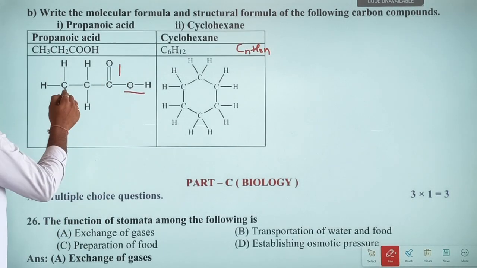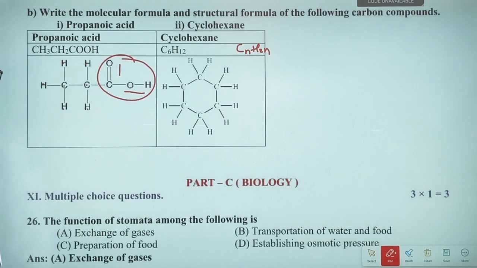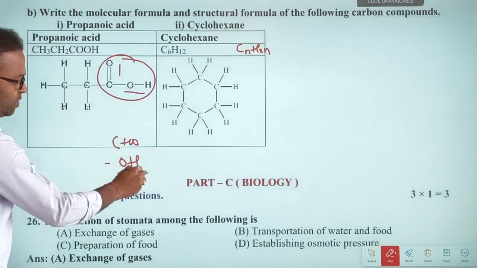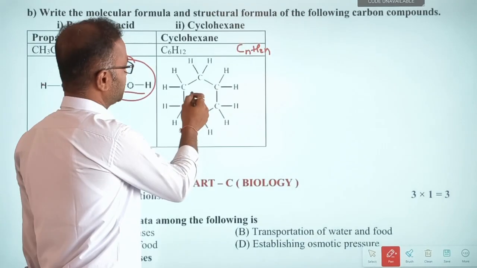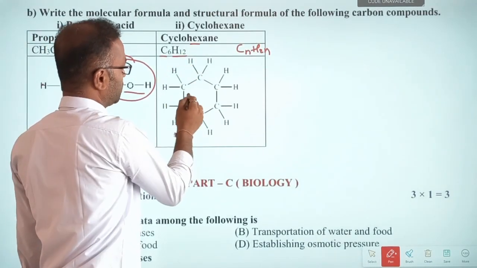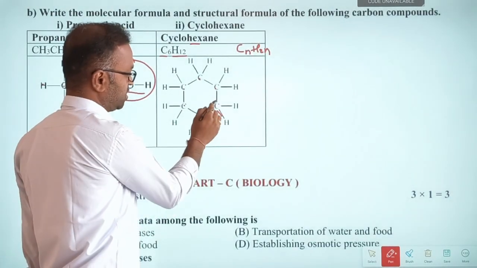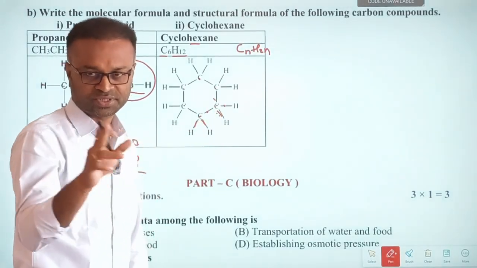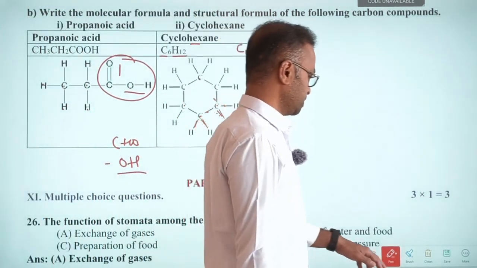Write the formula CH3, CH2, and at last COOH. Aldehyde at last CHO. Alcohol at last you should write OH. Then cyclohexane, hex means 6, C6H12. 1, 2, 3, 4, 5, 6. First you write the carbon, each carbon will have 2 hydrogens, because each carbon will have only 4 bonds. 1, 2, 3, 4. This is clear, right? Any confusion? Very important. Okay, fine. Pause.